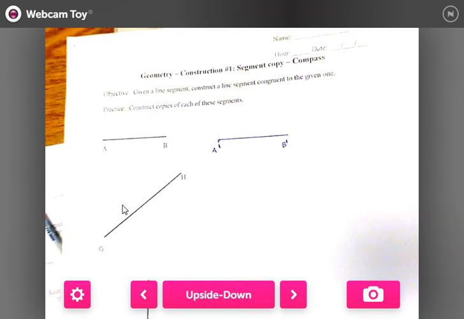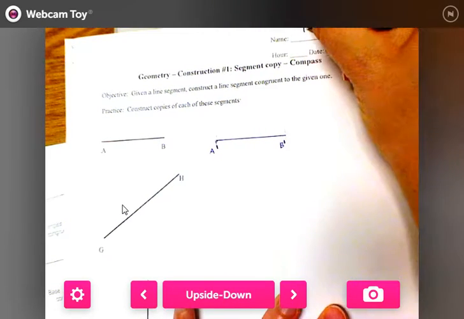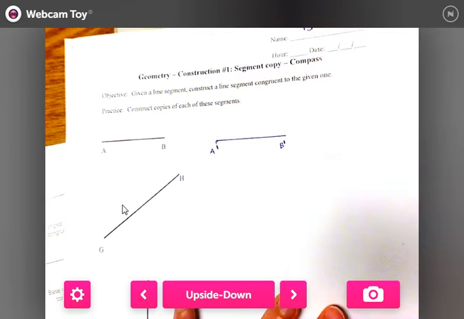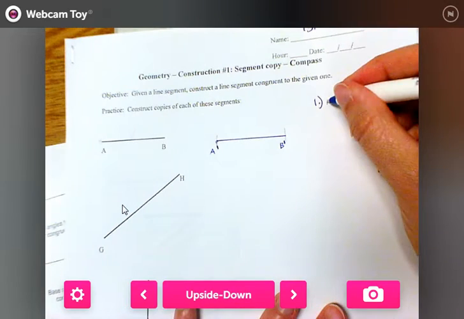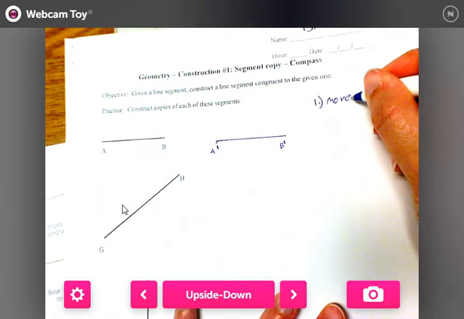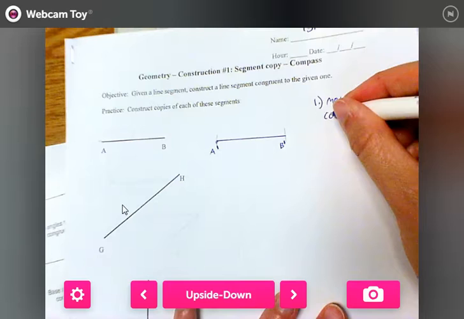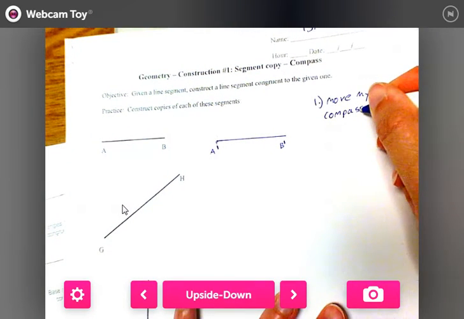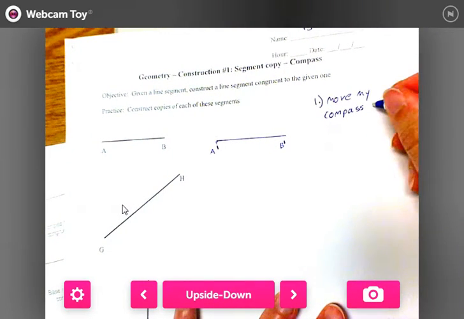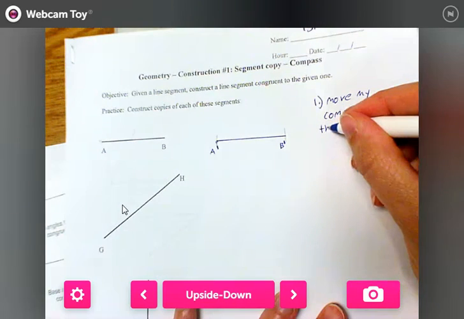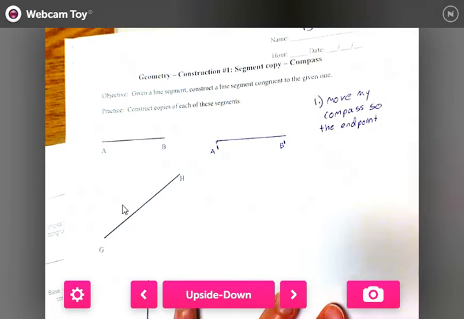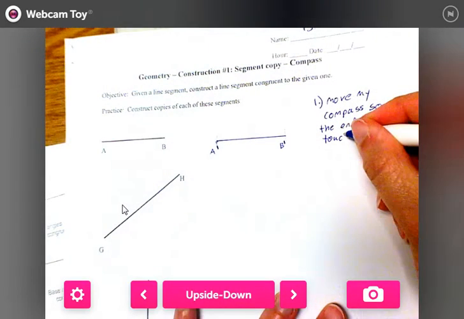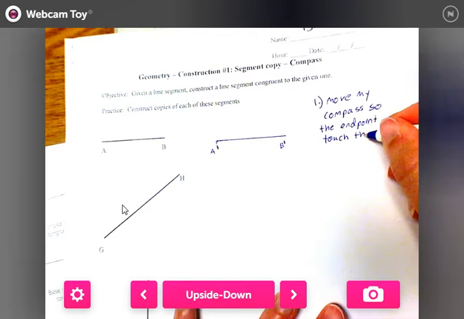Okay. Now I'm going to write down my instructions. First, I'm going to write step 1. I want to move my compass so the endpoints touch the endpoints of the segment.